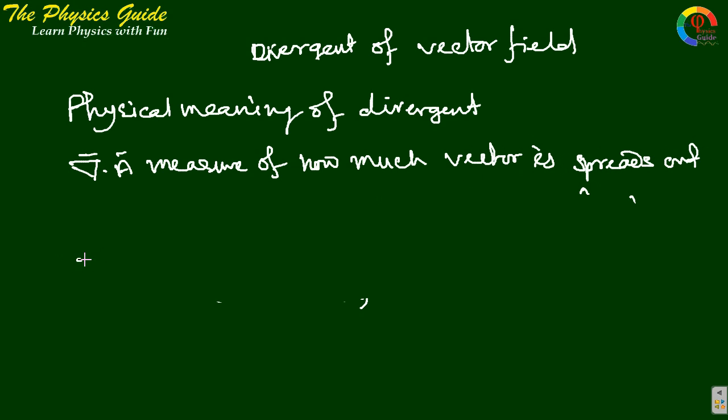Let us take an example: a point source, there will be a vector field spreading in the outward direction. This type of spreading indicates that the vector has a divergence property, and obviously this is a positive divergence.